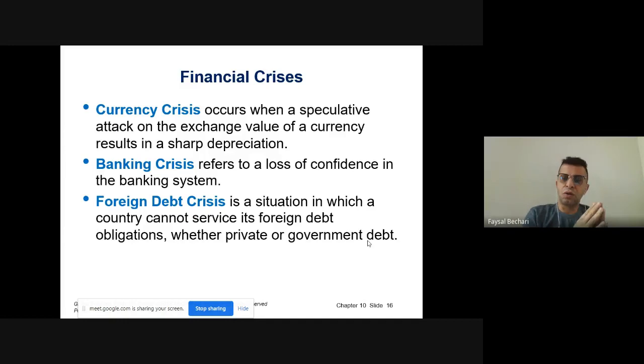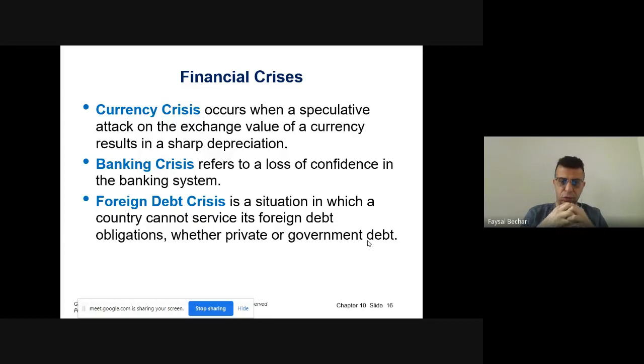There's also what you call a bank crisis, which refers to a loss of confidence in the banking system, like what's happening in Iraq, for example. People don't trust the banking system, so there is a banking crisis.